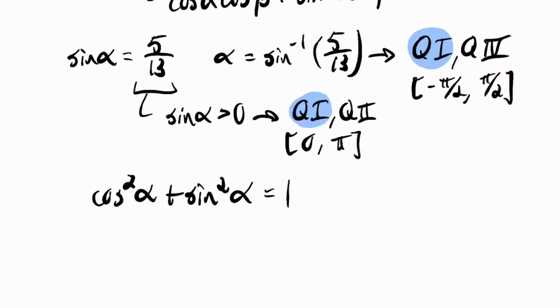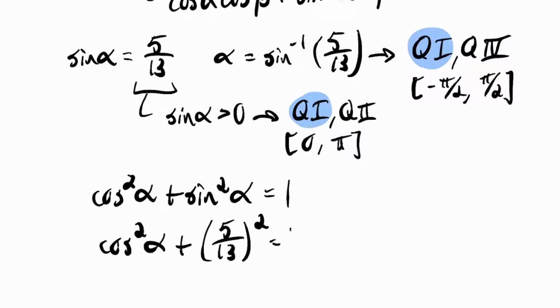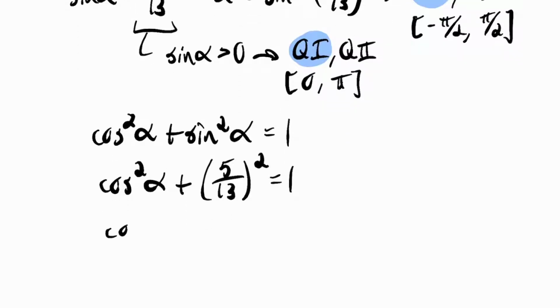So that means that cosine squared alpha plus 5/13 squared is 1. So cosine squared alpha plus 25 over 169 equals 1.